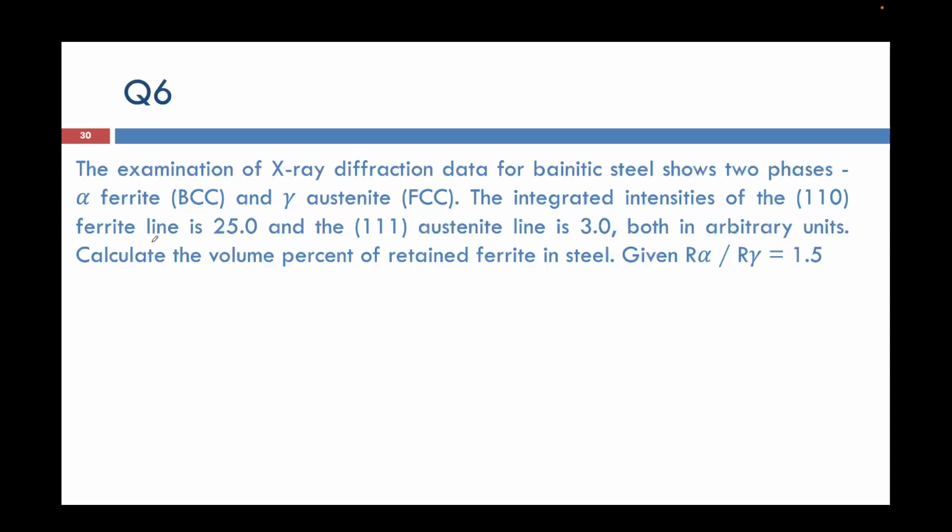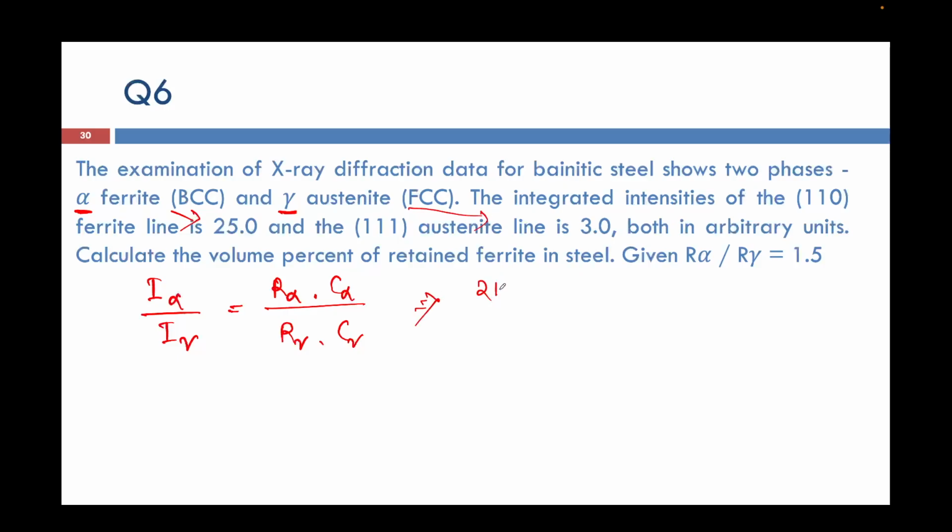Okay, I'll write this equation. From the direct comparison method, I alpha by I gamma, with two phases alpha and gamma, is equal to R alpha into C alpha divided by R gamma into C gamma. Here the integrated intensity of the ferrite line, the alpha line, is 25 and the gamma line is 3.